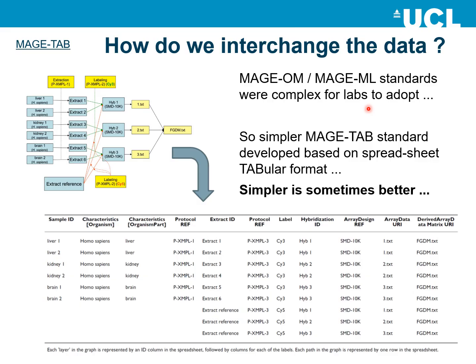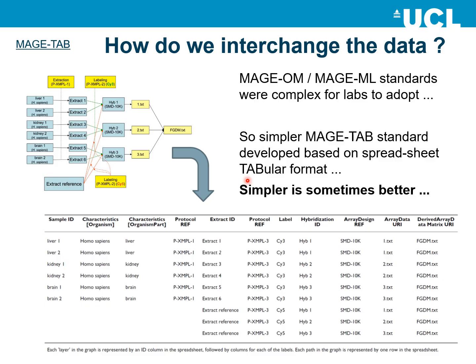The bottleneck was very much trying to get bioscience experimenters, researchers, to use these standards. So eventually they developed something called the MAGTab standard, which then was extensively used.